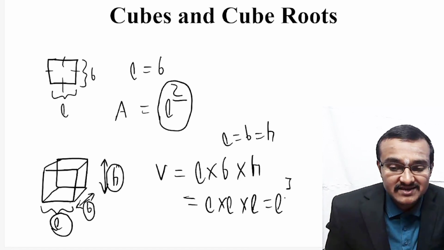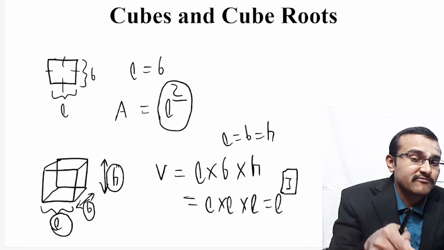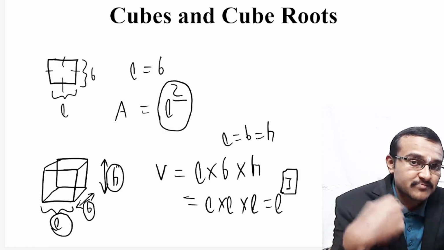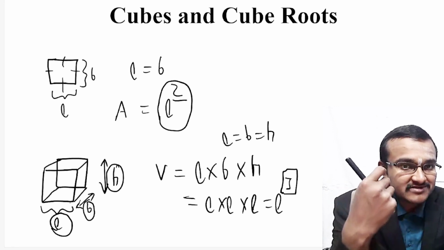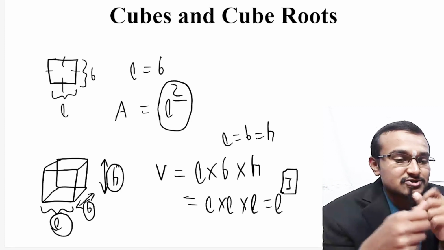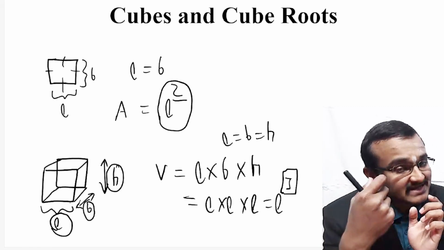That means anything to the power of 3 is referred to as cube, because the volume of a cube is represented as L power 3, that is length power 3, because length, breadth and height are equal. So length power 3 is generally known as cube. That's why anything to the power of 3 we refer to as cube.